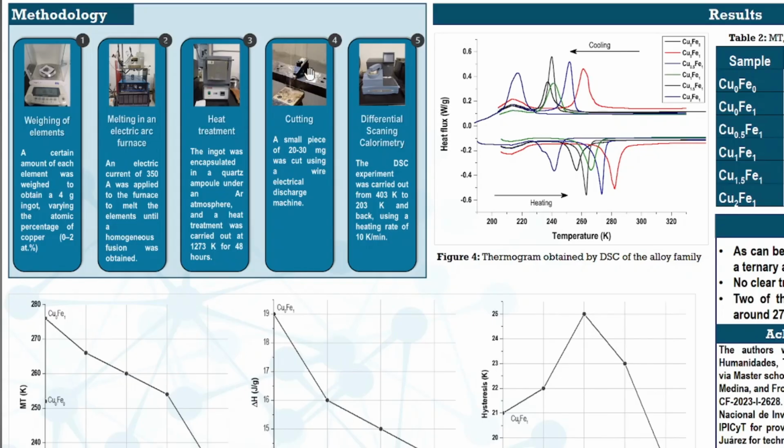After that, we cut a small piece of 20 or 30 milligrams using a wire electrical discharge machine and cutting pliers. And finally, ran DSC scans from 403 Kelvin down to 203 Kelvin at 10 Kelvin per minute. This was the heating rate.